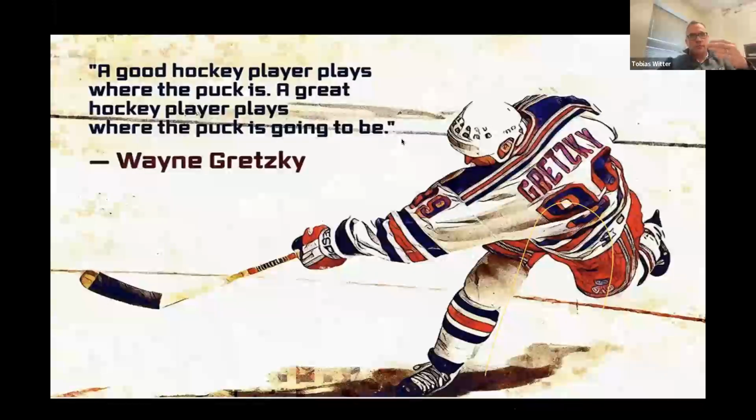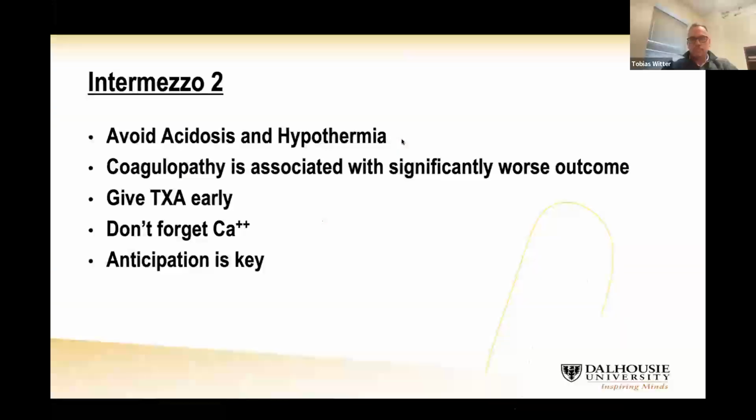The difficulty in massive hemorrhage, from my point of view, is you need to anticipate what you need in half an hour. You need to anticipate which blood products you want, and get those blood products there, or order them now so you have them in half an hour, because some of those blood products have a lead up time and you can't get them right away. So that's, in my opinion, the challenge in massive hemorrhage.